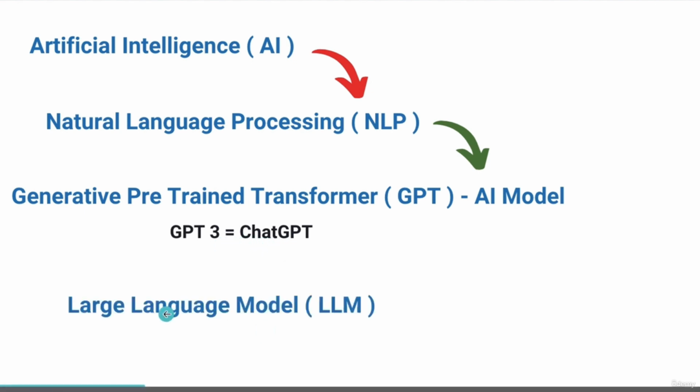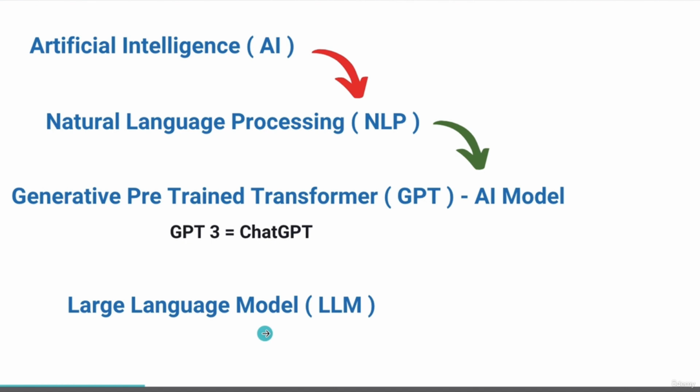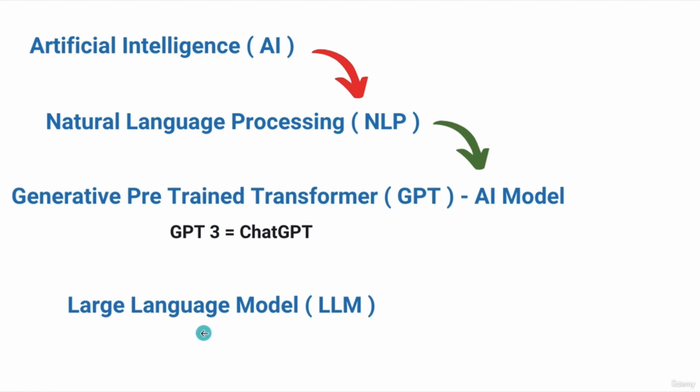And the last term we have is large language model. In short, we call it LLM. Now, large language models are not possible for us to teach you right now, but large language models are trained on lots of parameters. We have plenty of parameters, like top P and many others. In coming topics, we will make you understand large language models.